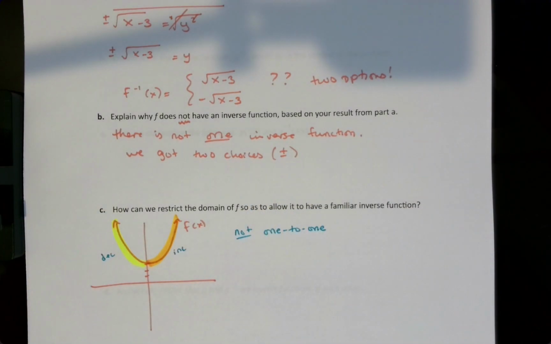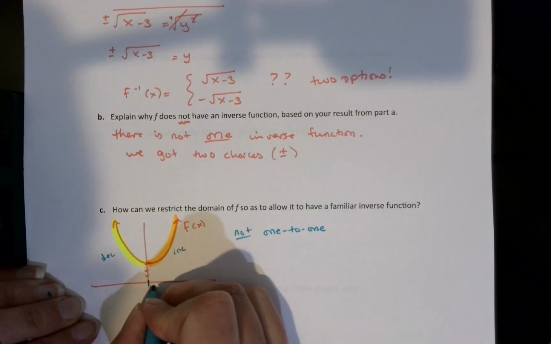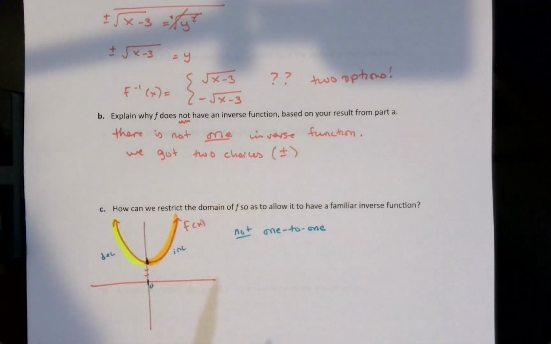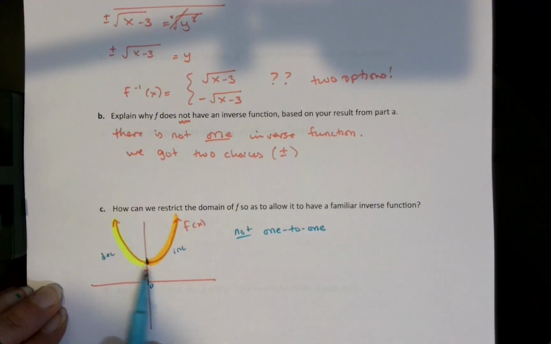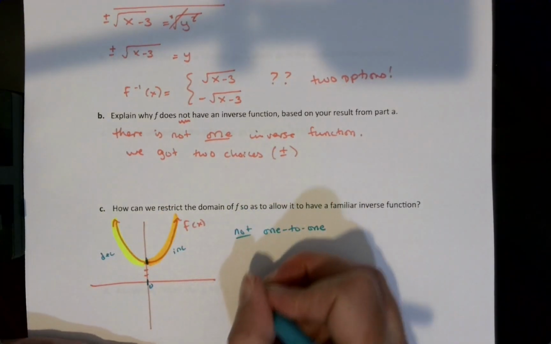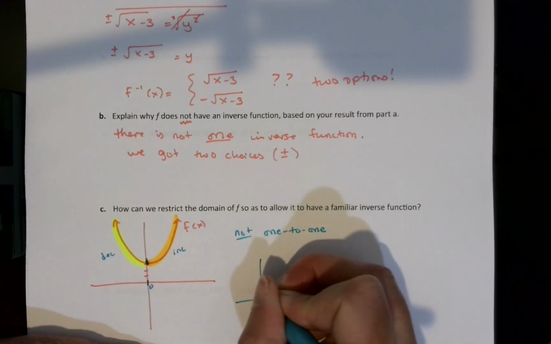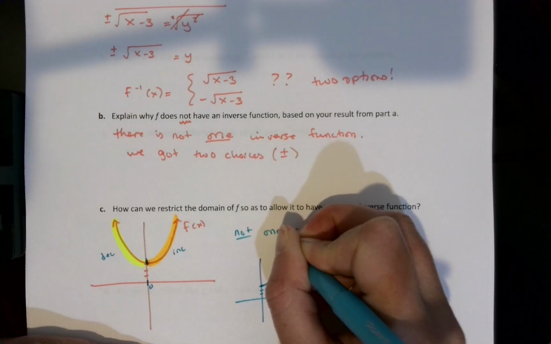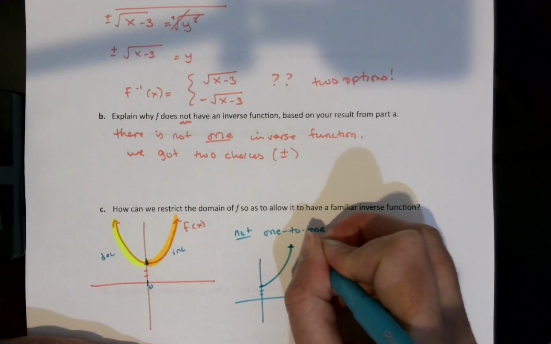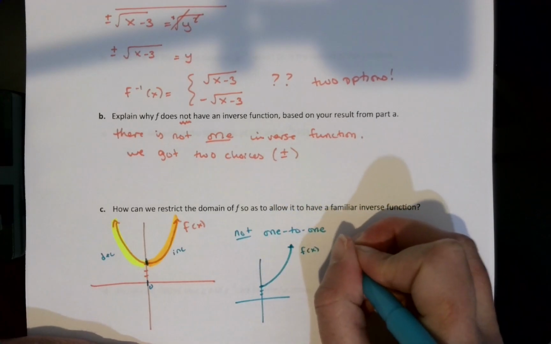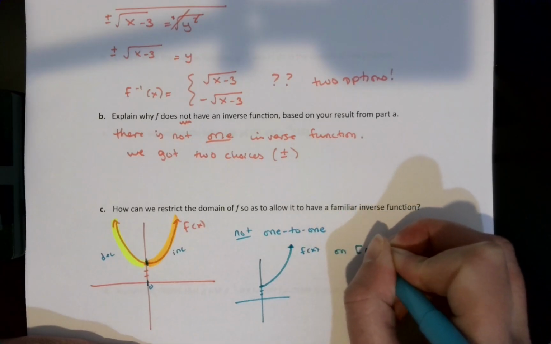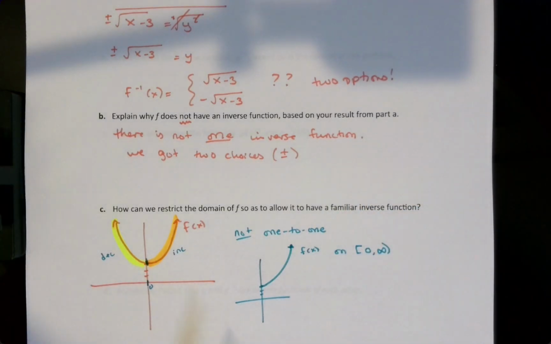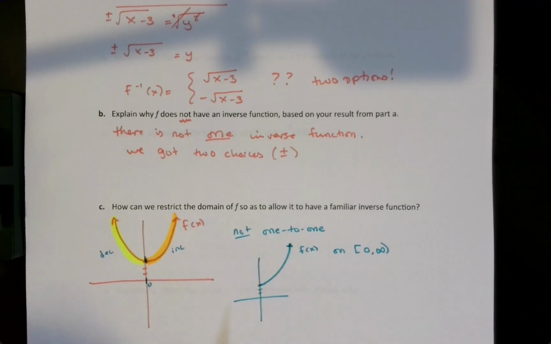However, if I were to cut this function at 0, then it would be 1 to 1 on either of its two halves. So this would be a picture of f of x on the interval 0 to infinity. So it's been sliced, starting at 0 to go up to infinity.